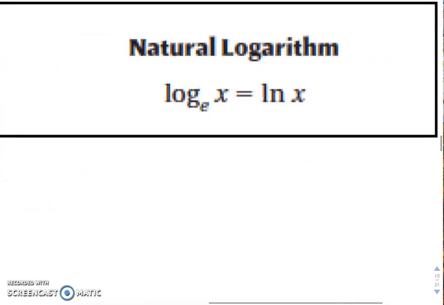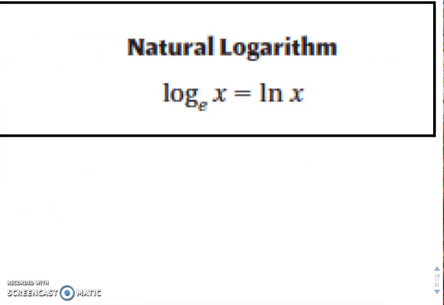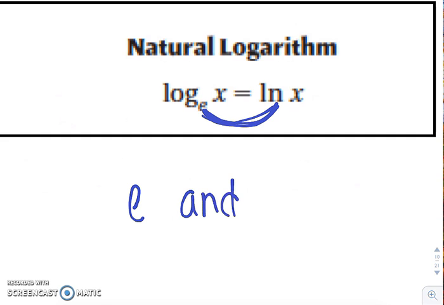So the other logarithm we have is just the natural logarithm. So your natural logarithm is that log base e, or that e value that we were discussing. So what happens is the e and the ln are just inverses of one another.